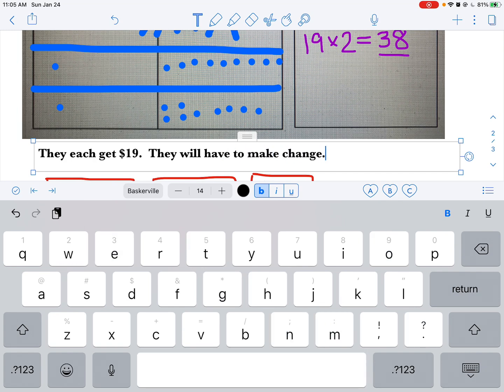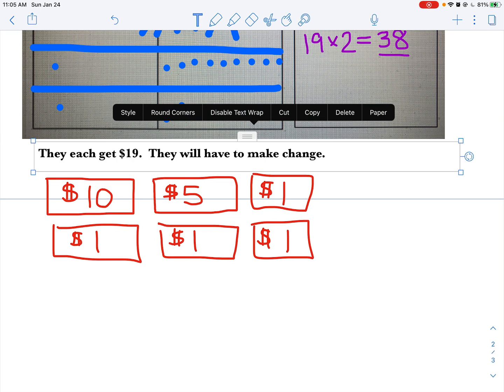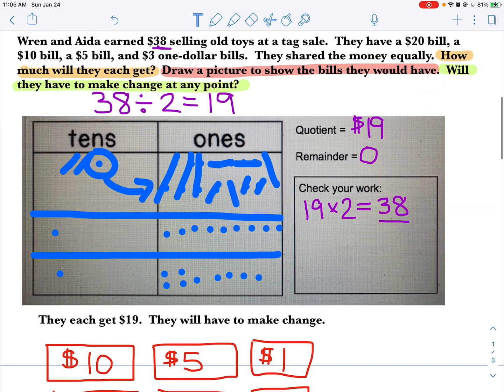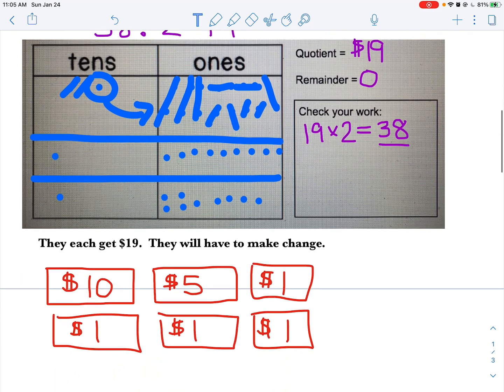It doesn't say tell me what you're going to exchange, but you are going to have to tell me they would have to make change. They can't share that $20 bill equally unless they exchange it for 2 10s. Then they can share it nicely. They'd also have to exchange that $10 bill for 2 5s. They'd have to change that $5 bill into some ones, and then they can each get an equal number of ones.